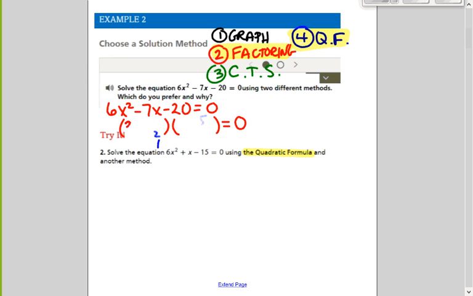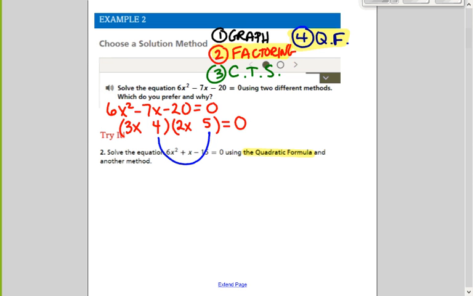I believe what we have seen throughout the day is that 3x and 2x will work to make your 6x squared. And then a 5 and a 4 will work here and here. They will multiply to make 20. One of them needs to be negative so that it becomes a negative 20.